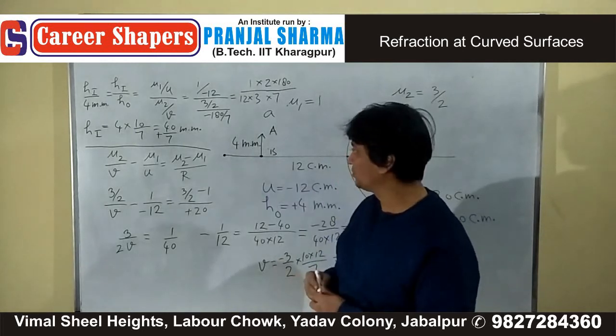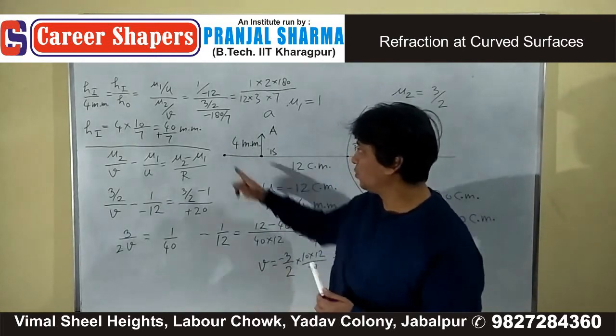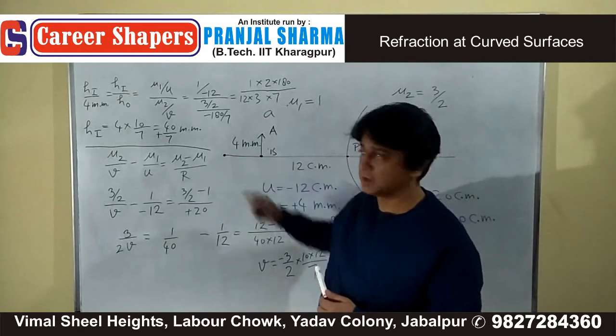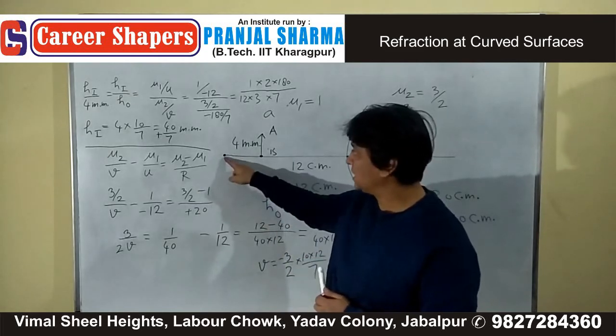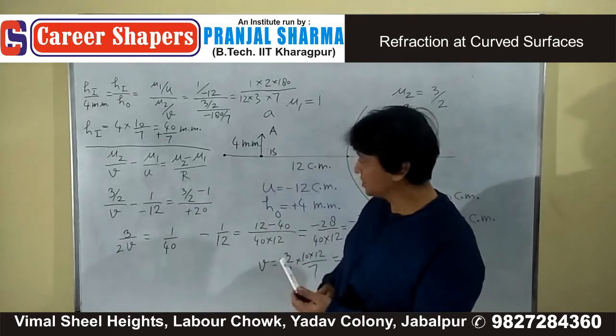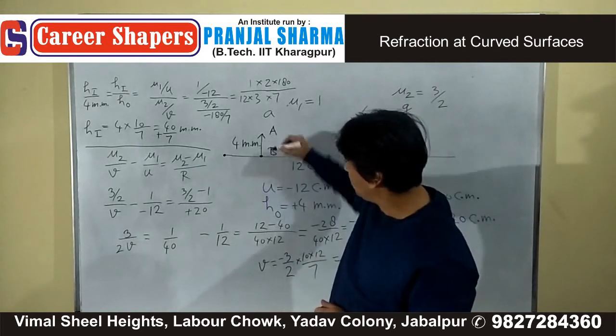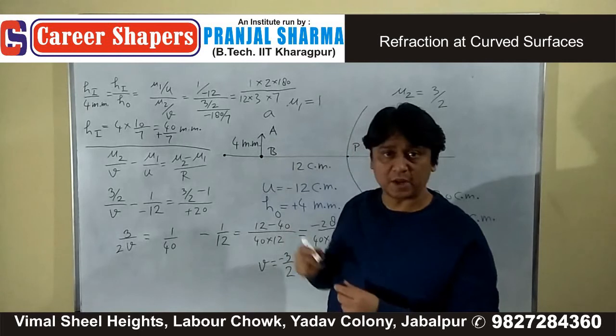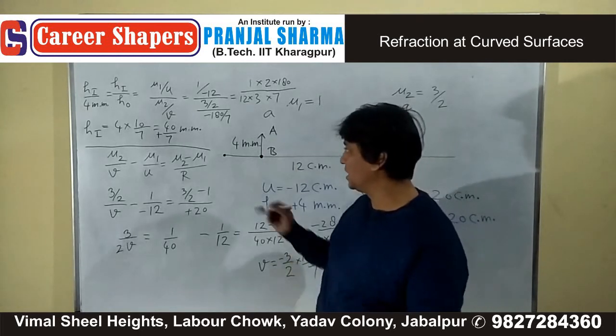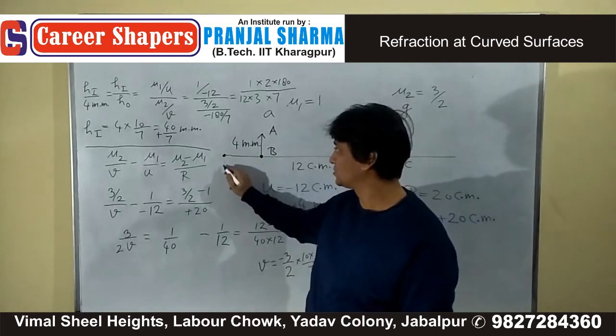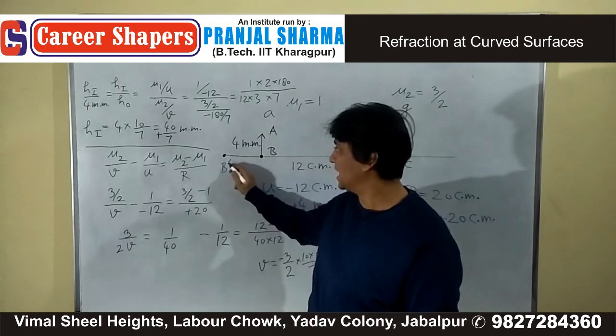Now when you say this is the position of image, what is basically this point? This point is the image of B. This point B, which is the base of the object, its image is getting formed at this point. That's your B dash.